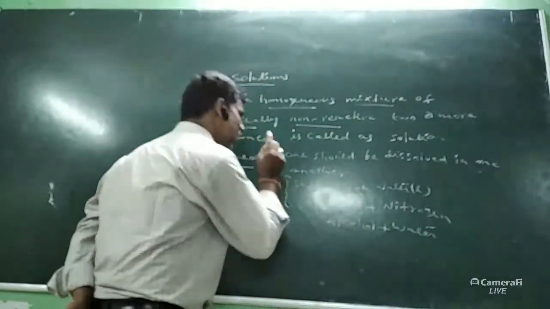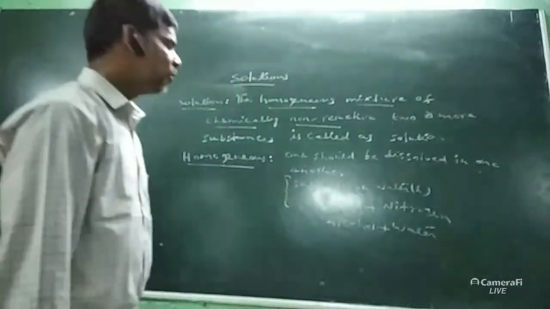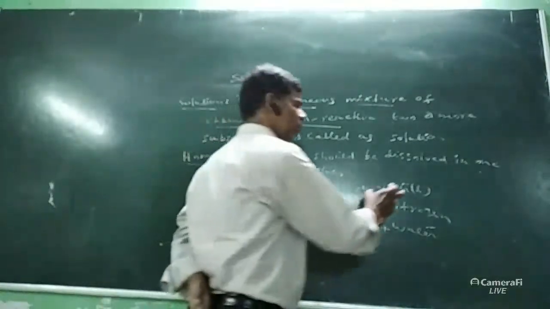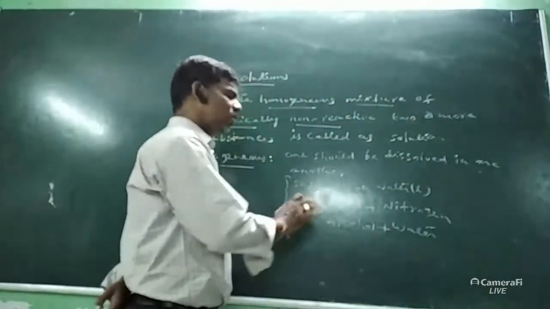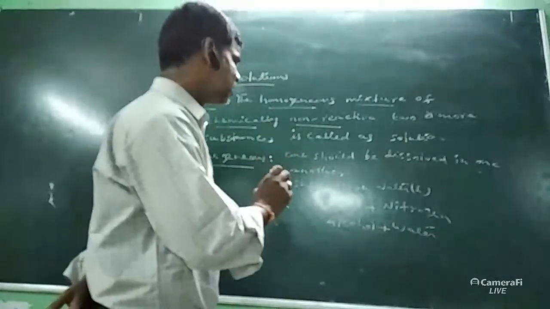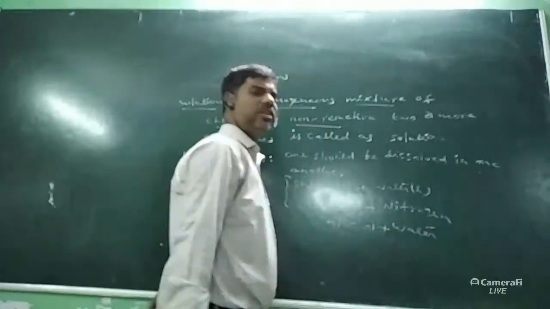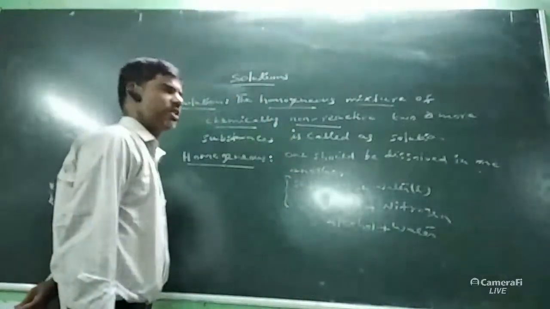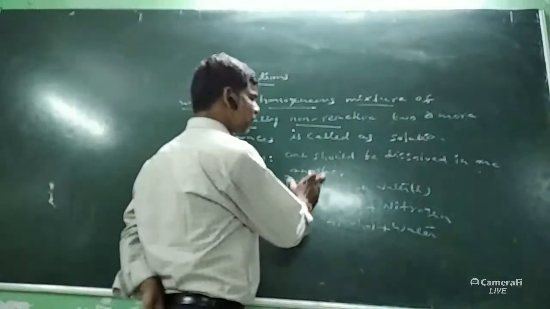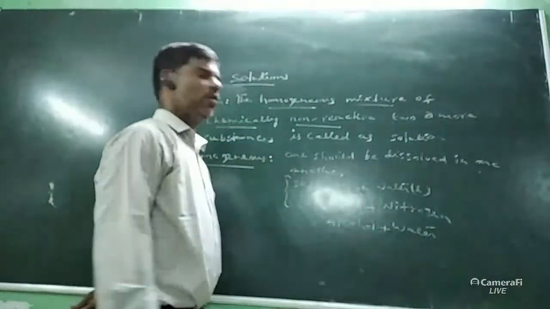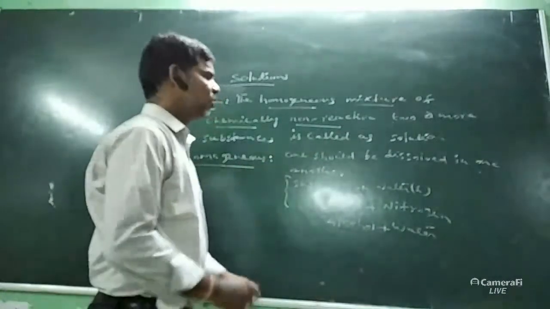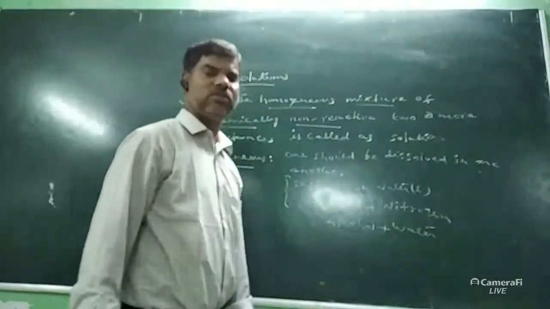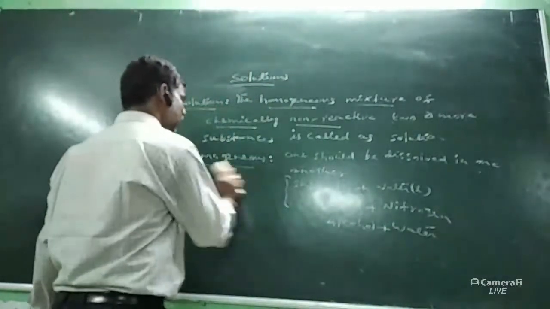All these are called homogeneous mixtures. Even though sugar is solid and water is liquid, different phases, one can be dissolved in another, and that kind is called homogeneous. Homogeneous means one should be dissolved in one another, like sugar plus water, oxygen plus nitrogen and alcohol plus water.